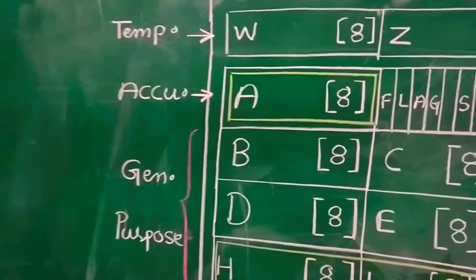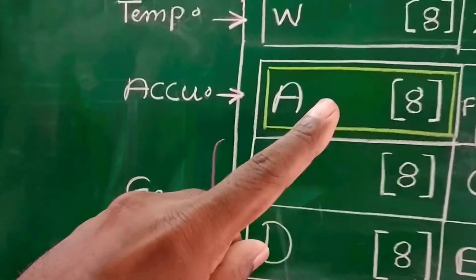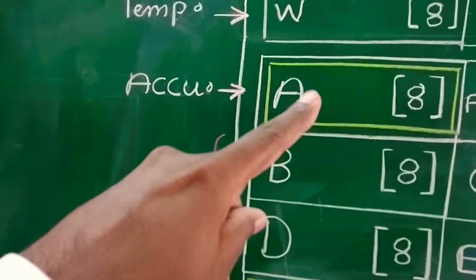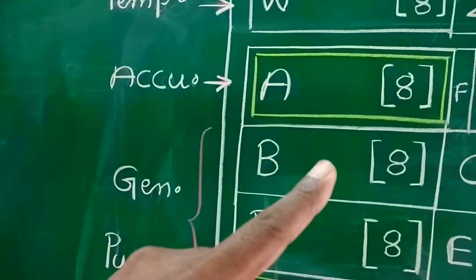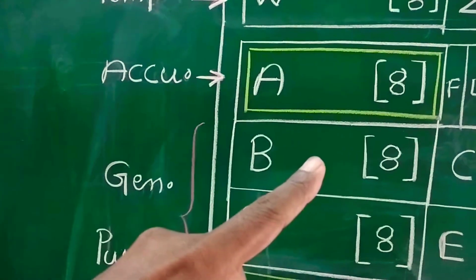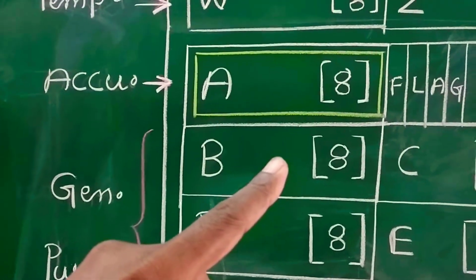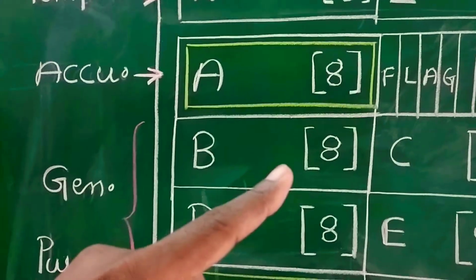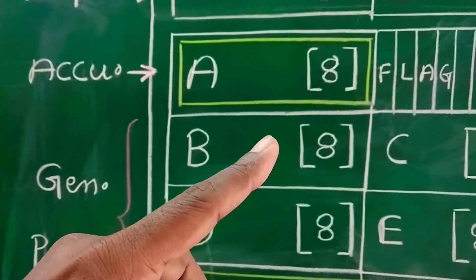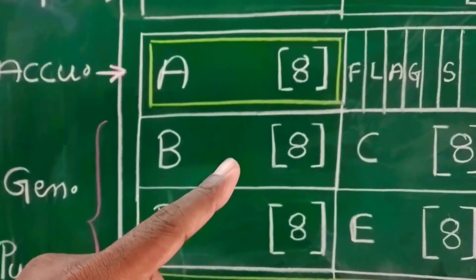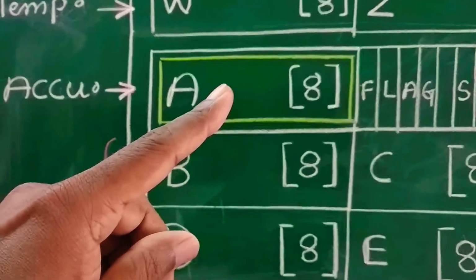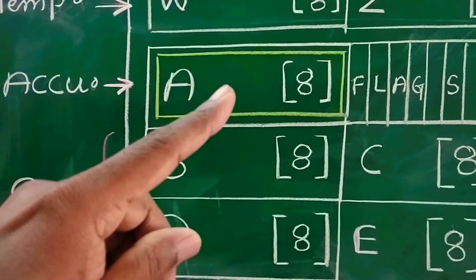Suppose we have the number 1 in accumulator register A, and another number 2 in register B, and we use the instruction ADD B. Then after execution of the instruction ADD B, the content of the accumulator will be 3.